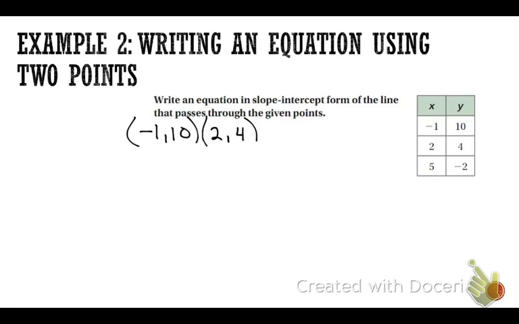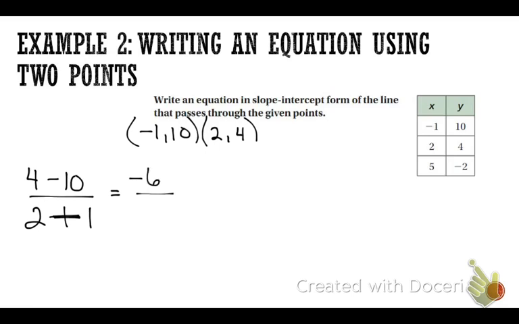Say the formula together. y2 minus y1 over x2 minus x1. So 4 minus 10 over 2 minus negative 1. Okay, well, what's that double negative? A positive. What's 4 minus 10?